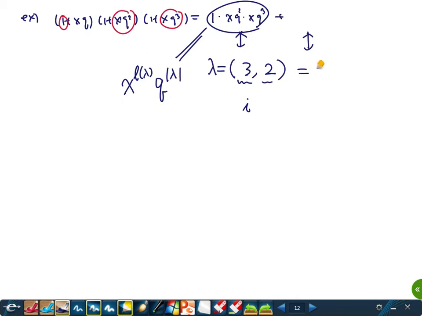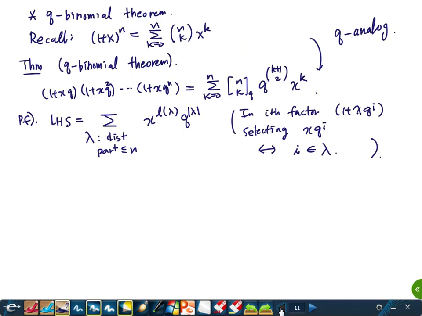Here q to the 3 plus 2, x squared, in this case. So the expansion is exactly the same as making 1 partition. That's why this is true. Is this clear to you? So this is the explanation for this, an example.